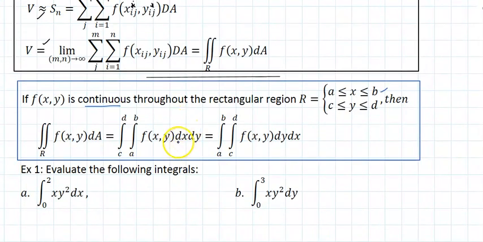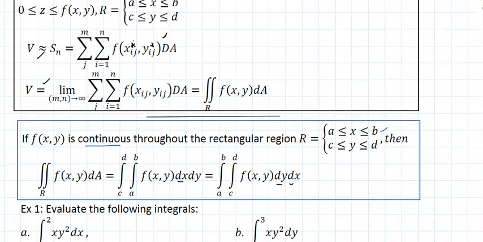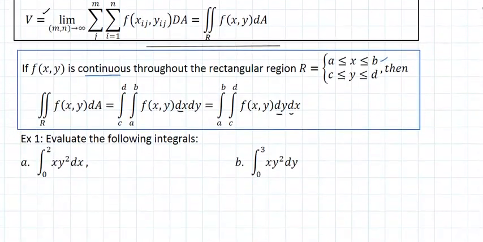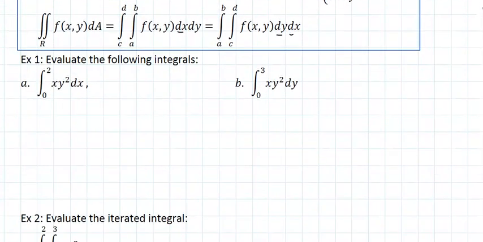I could integrate with respect to x first, then y, or y then x. In this section, it's not going to make much of a difference as far as the limits, because that's a rectangle. And we're going to play with this on both fronts.